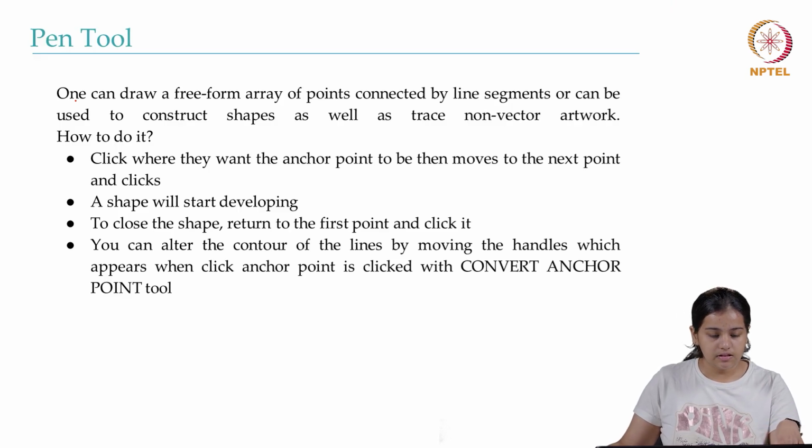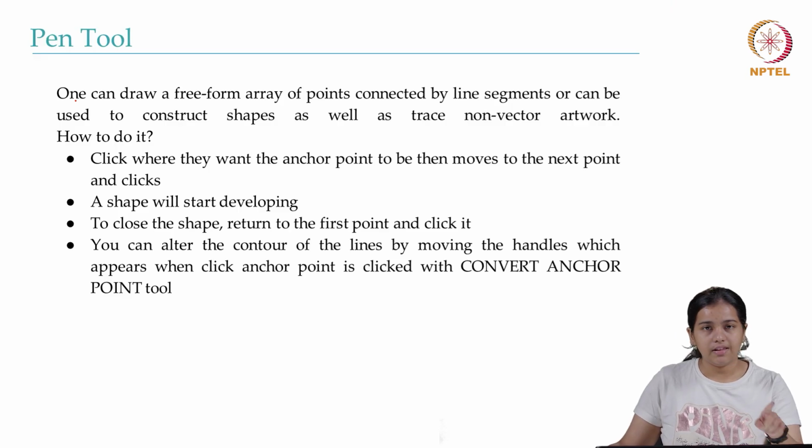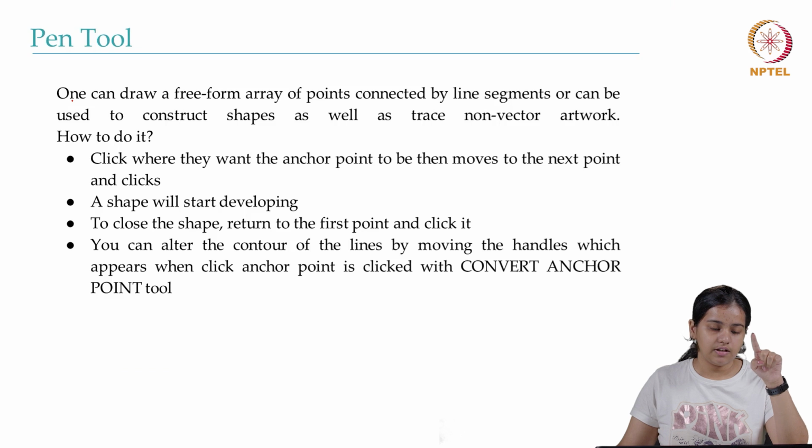Then start developing your shape by following your path, clicking on different areas on the canvas. To complete your shape, you have to end your path at the first point you started.